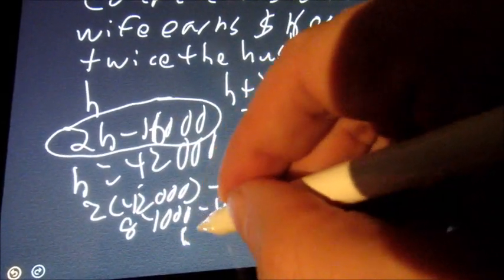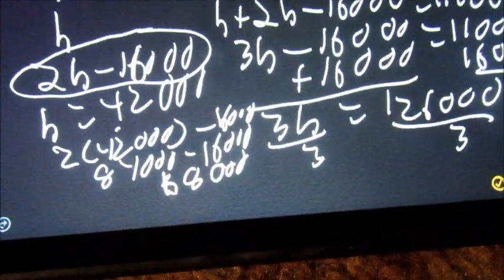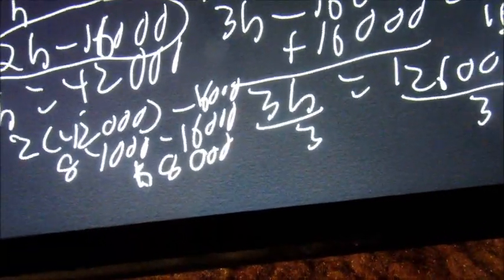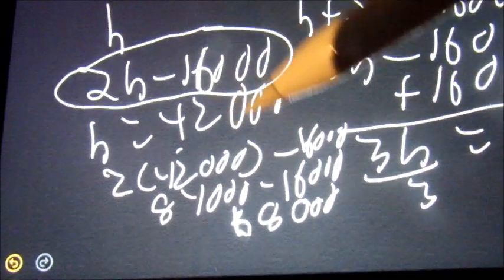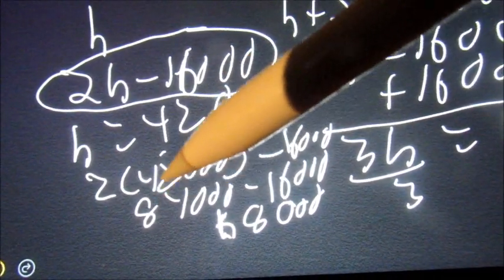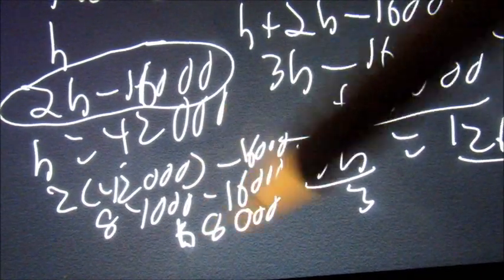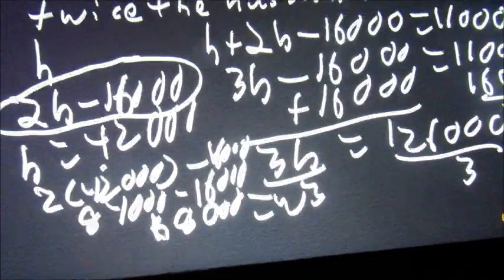And this is 68,000. We could have also subtracted the 42 from the 110. That's where I was starting to do it first. But 2 times 42,000 is 84,000. 84,000 minus 16,000 is 68,000. So that is the W.